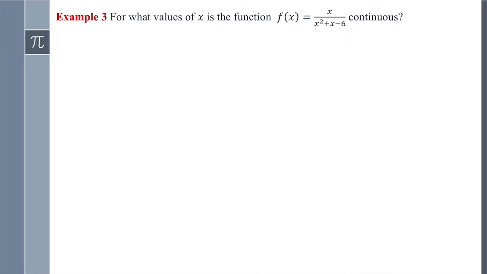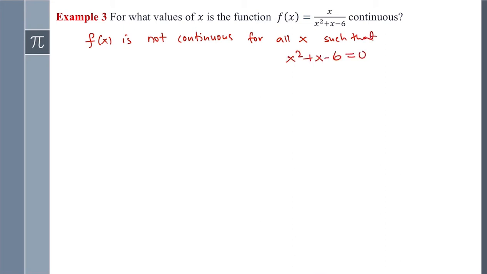So f of x is not continuous for all x such that x squared plus x minus 6 equals 0. So all the x values that make the denominator 0. So at those x values, the function is not continuous.